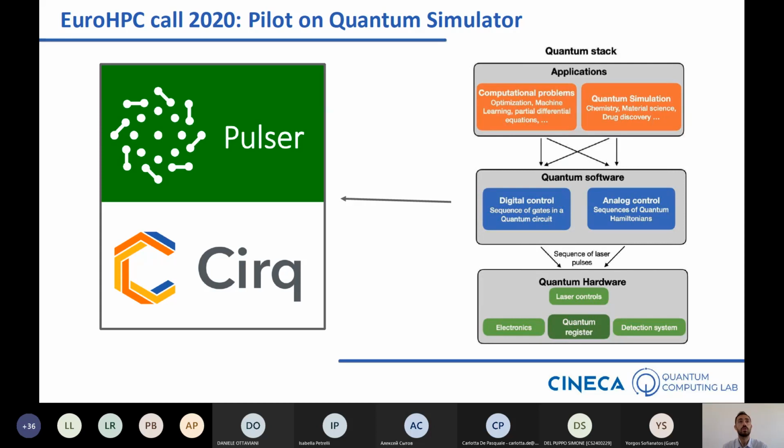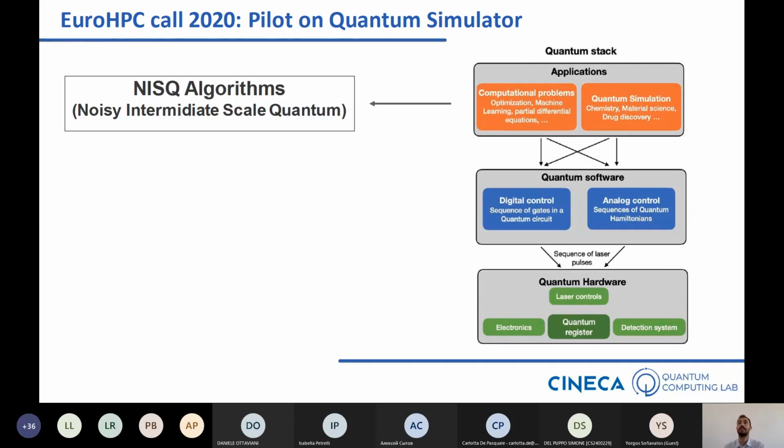Then the last part of the quantum stack is the level of the applications. What does application mean for this kind of device? It means what you can try to run on it.